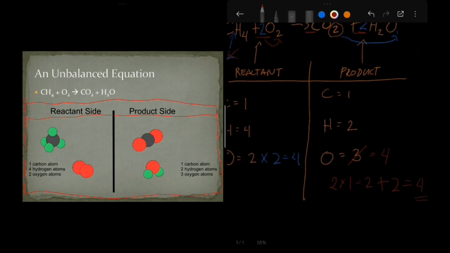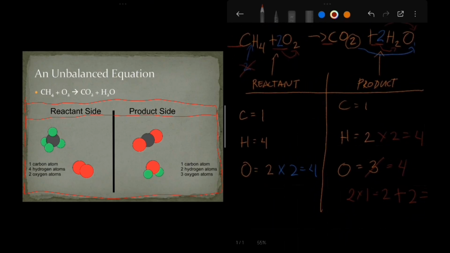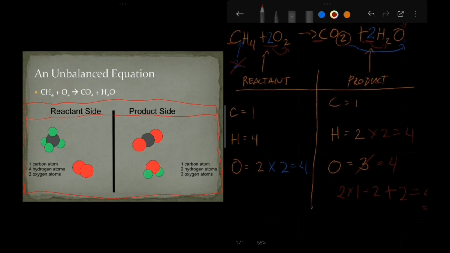The problem now is, since our hydrogen here is 4, if we multiply the coefficient 2 here to the subscript of hydrogen, na 2 also, definitely this will give us also a 4. As you can see here, we already have the balanced equation.